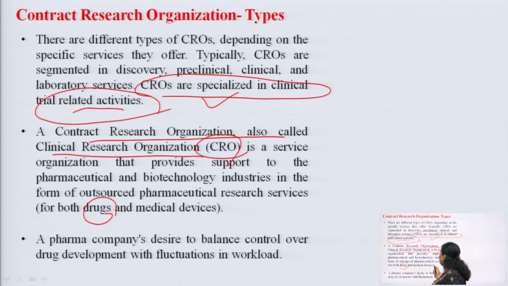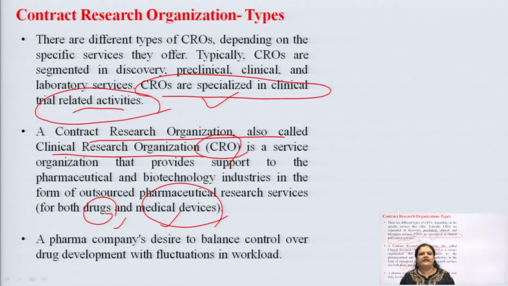You have to remember it works for both drugs as well as medical appliances. A pharma company desires to keep balance and control over the drug development pathway without any fluctuation in the workload. This can be managed by the contract research organizations, or clinical research organizations.